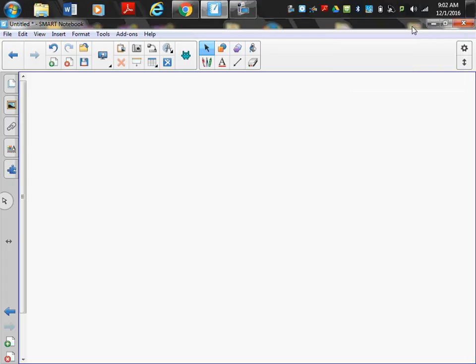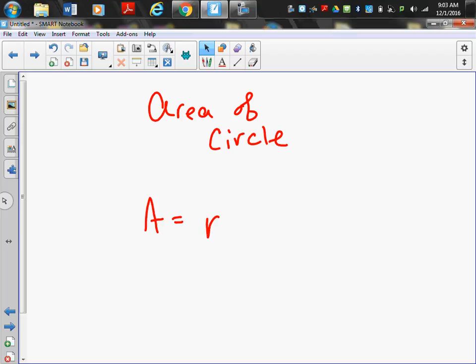Alright, so we just talked about the circumference of a circle, so now area. The formula is area equals radius squared times pi.